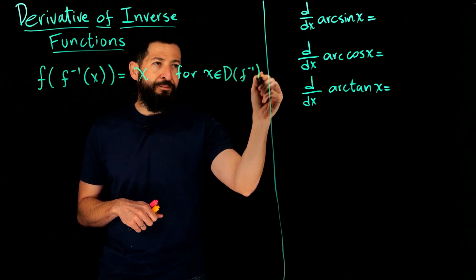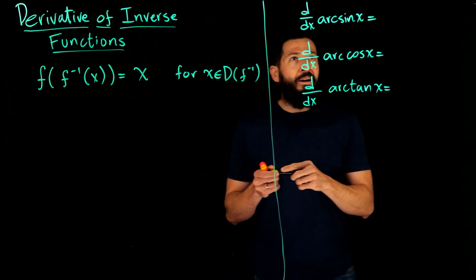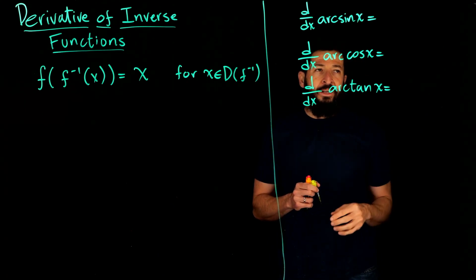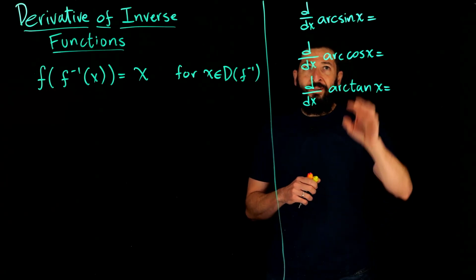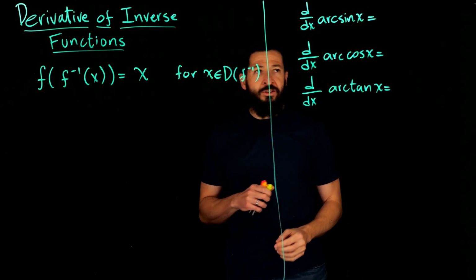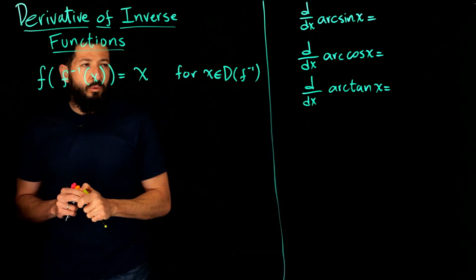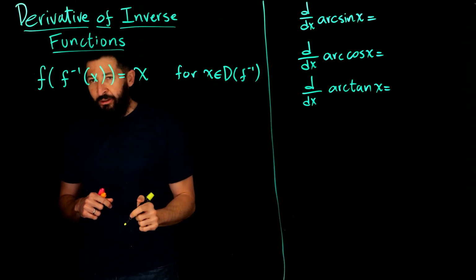For example, when f inverse is an arc sine or arc cosine, those functions can only be evaluated between -1 and 1, so that equation will be satisfied just on that interval. And the arctangent, of course, is for -infinity to infinity, so there's no problem.